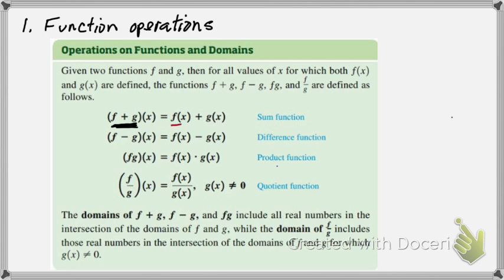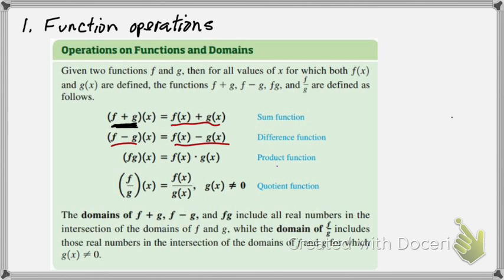What does it really mean? Just add them together. Look at the subtract. What does it mean? Just subtract them, and so on. Now notice with subtraction and division, the order that they're in makes a difference, just like it does in all algebra. But just get used to that notation. It's different.